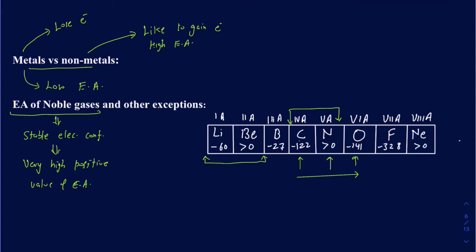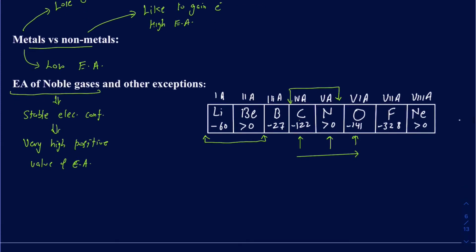However, that's really not the case, and that's because beryllium has a stable electronic configuration relative to lithium, because beryllium is going to have 2s2 at its valence shell, and lithium is going to have 2s1. So you can still add one electron to make a 2s2 in the case of lithium, but in the case of beryllium, it's already fully filled for the 2s. That's why it does not like to have an extra electron, because it will break the stable electronic configuration. So beryllium has a lower electron affinity than lithium.